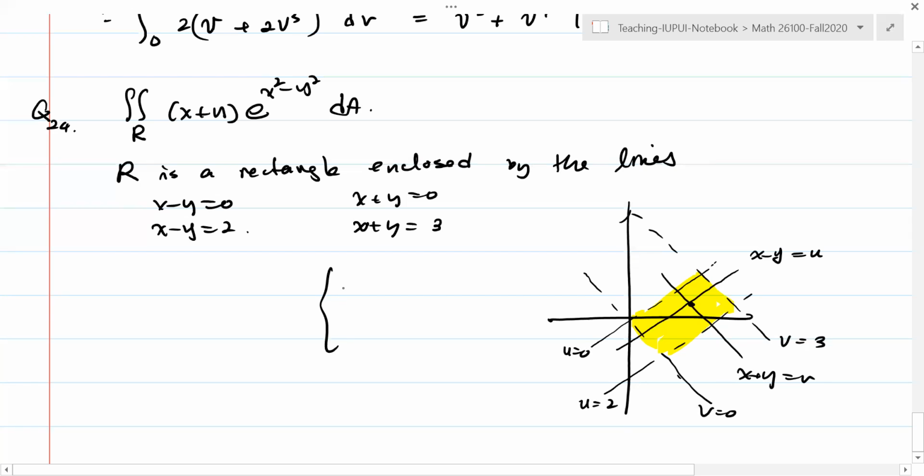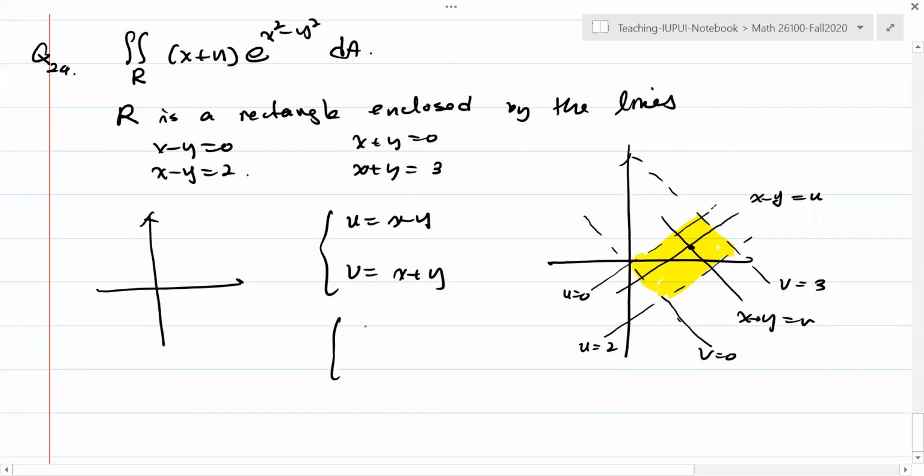So actually, if you let u be x minus y and v be x plus y, then you can solve for x equals half of u plus v, and y equals the second equation minus the first equation, so v minus u, half of that.